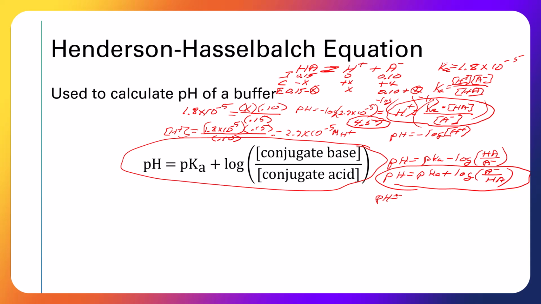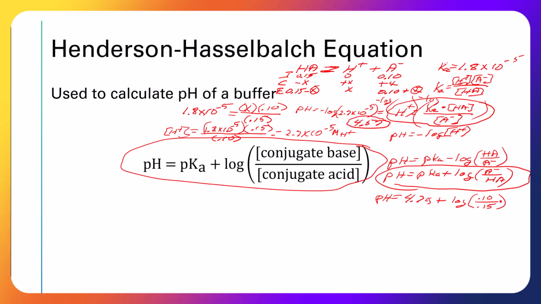So here's what we've got. We've got the negative log of the Ka, so this is the negative log of 1.8 times 10 to the minus 5, which gives me 4.74. That's the pKa. And then plus, we've got the log of the concentration of the base, which was 0.10, and the concentration of the weak acid, 0.15.